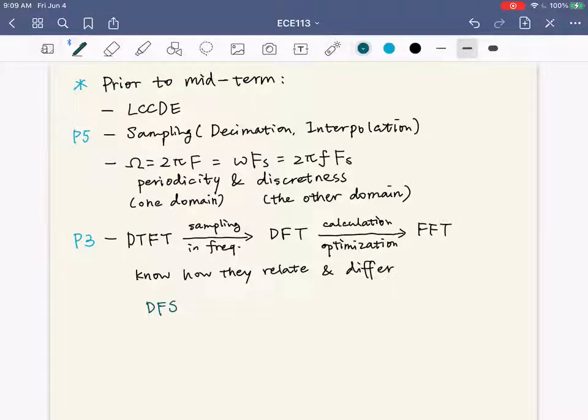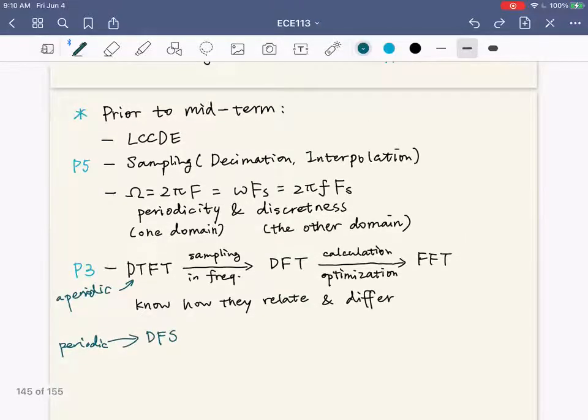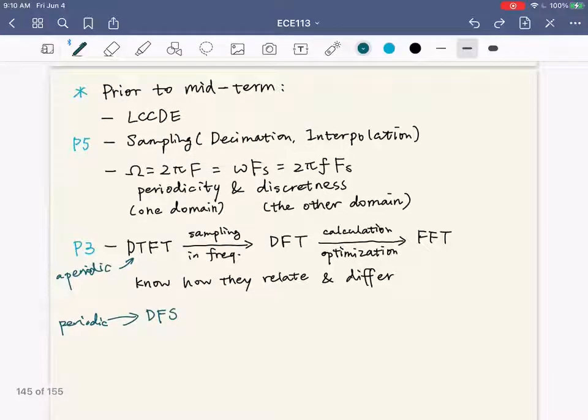For a periodic signal in the time domain, we have DFS in the frequency domain, and for an aperiodic signal, we have DTFT. That is the only difference, and if you treat the periodic signal as just a normal signal, you'll see that they are basically the same. In the discussion later, I will not have time to cover this part.